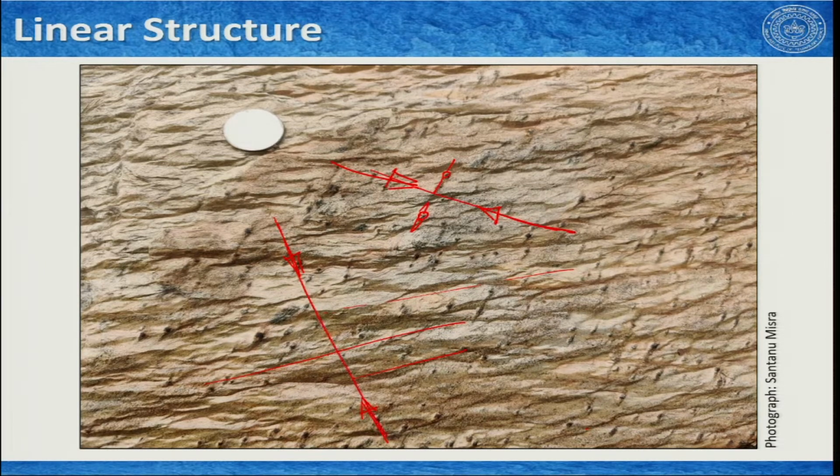So, clearly these two are not matching each other. So, there must be two different deformations, and there are many other aspects to understand this, but at least for this particular example, it is important that we measure their orientations, plot them in the stereonet, and then figure out what has happened. Is it matching with something or is it not matching with something? If it is matching, then what could be the interpretation? If it is not matching, then what could be the interpretation?